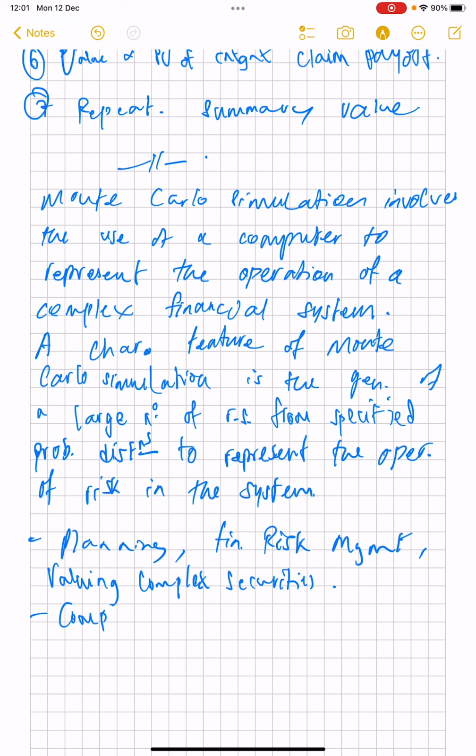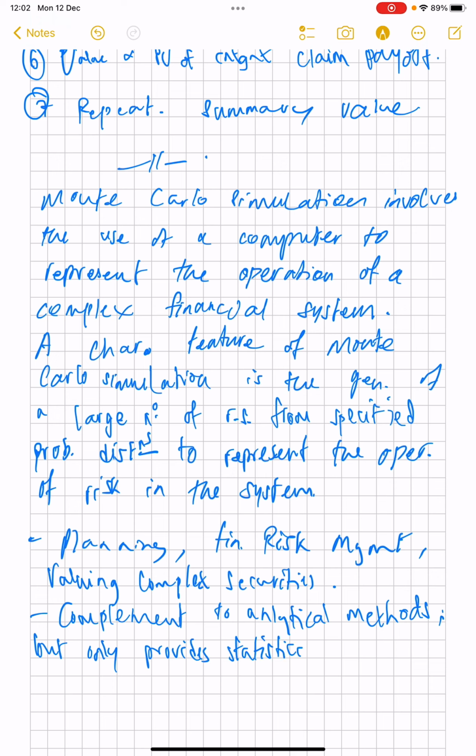It is a complement to analytical methods, but only provides statistical estimates and not exact results.